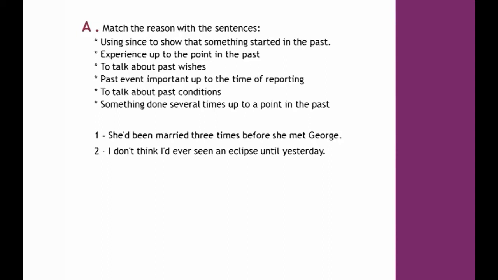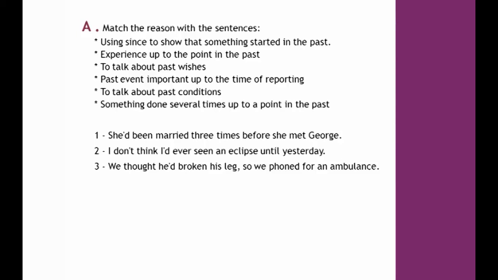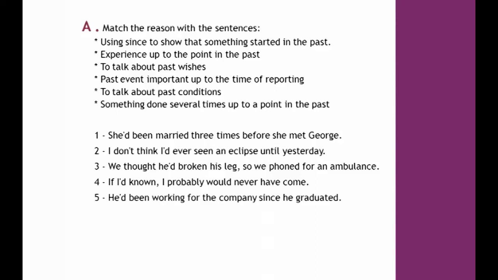Okay, you can select from the 6. Number 3, we thought he'd broken his leg, so we phoned for an ambulance. So what is this? Number 4, if I'd known, I probably would never have come. Number 5, he'd been working for the company since he graduated.